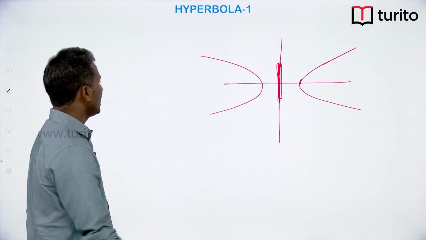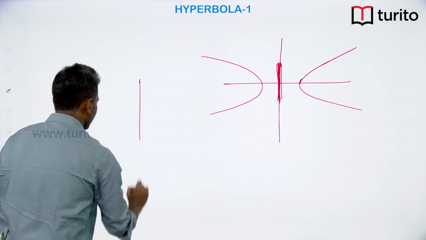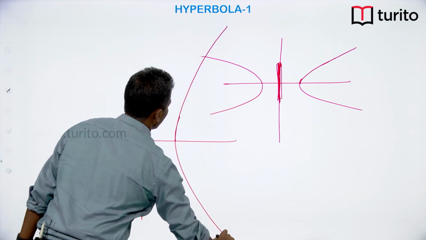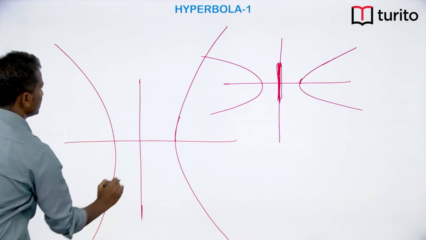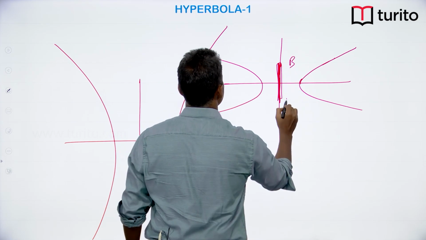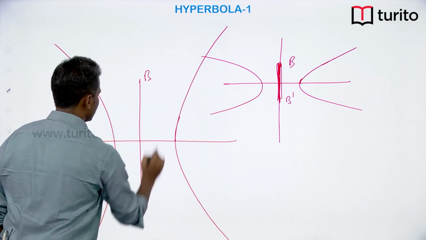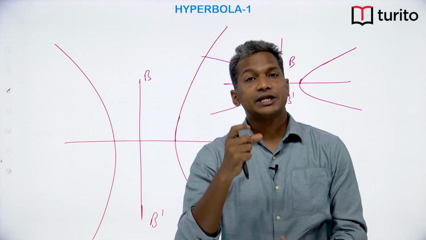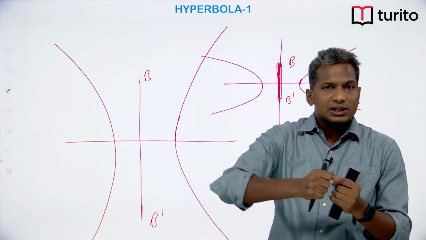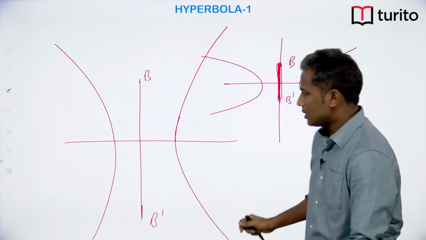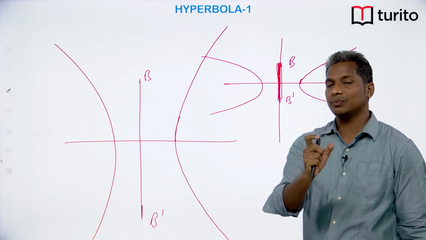But if we take a very high conjugate axis, then the hyperbola will be a very wide hyperbola like this. So, basically this conjugate axis BB dash here and this conjugate axis BB dash here are telling you about the shape of the hyperbola, whether it is a stretched one or a compressed one.